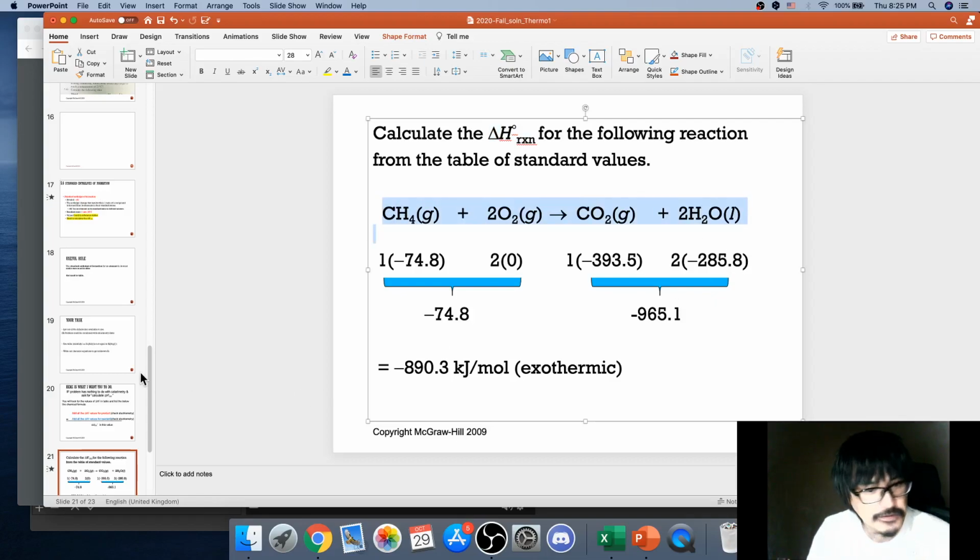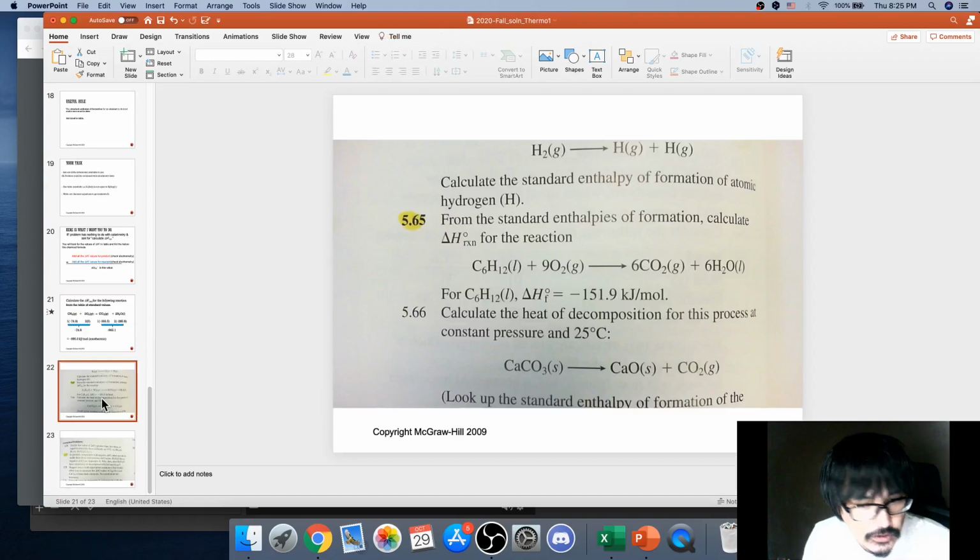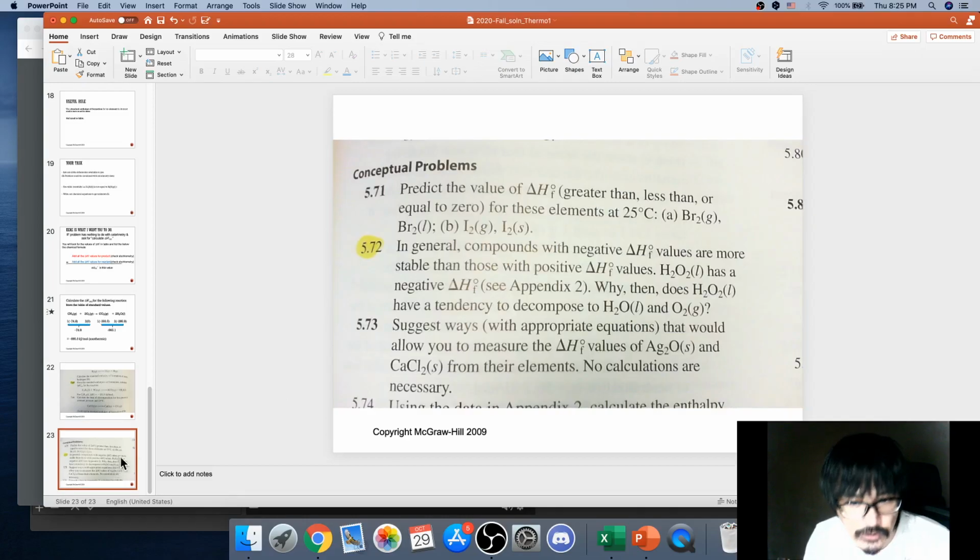Simple enough. What I want you to do is pause the video and try to solve this problem, and also this problem. I am not going to explain these, so you're supposed to look up the information if necessary: Google it and get the table.